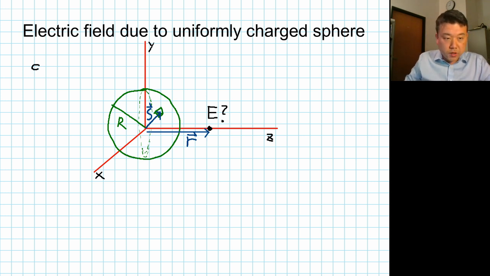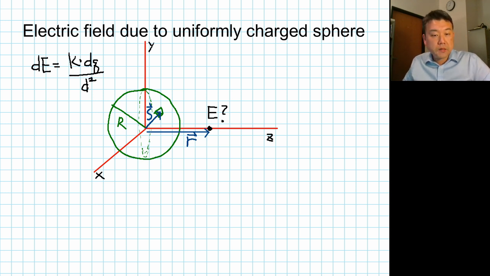Small contribution to the electric field is equal to K times the small amount of charge in that part that's contributing divided by distance squared. So here the distance is best represented by a vector going from the tip of S to the tip of R. This is the distance vector.